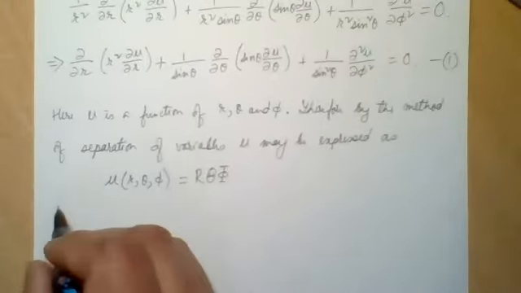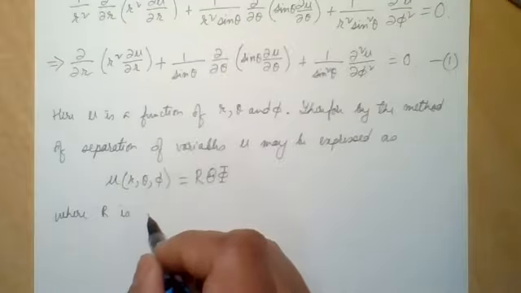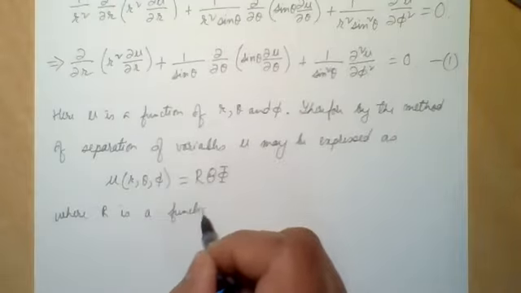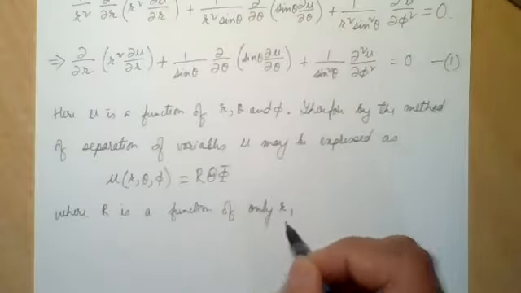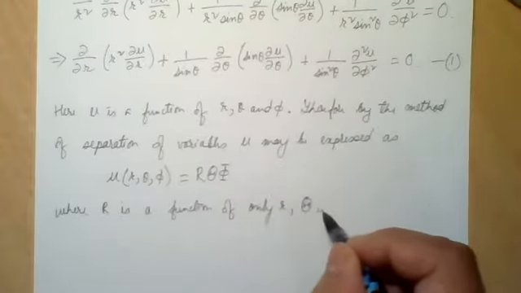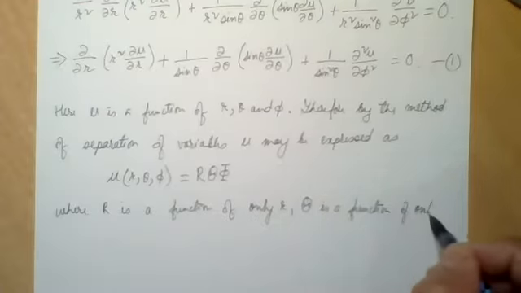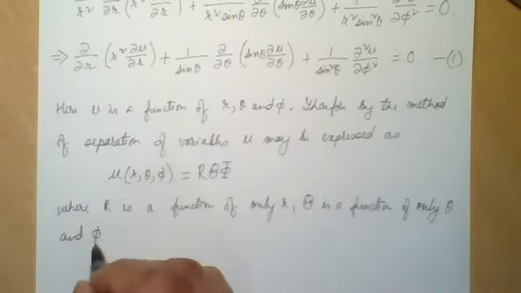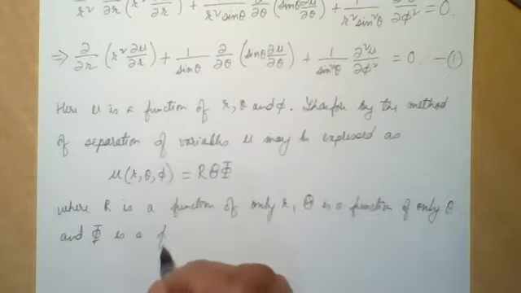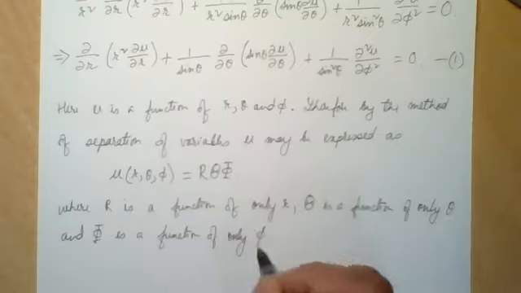So R is a function of only small r, capital theta is a function of only small theta, and capital phi is a function of only small phi.